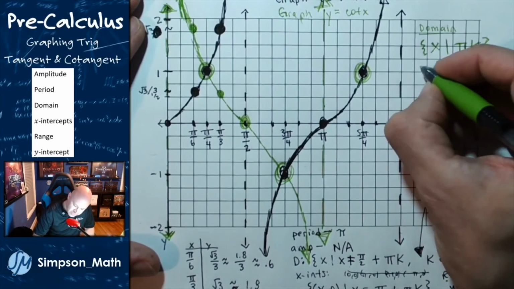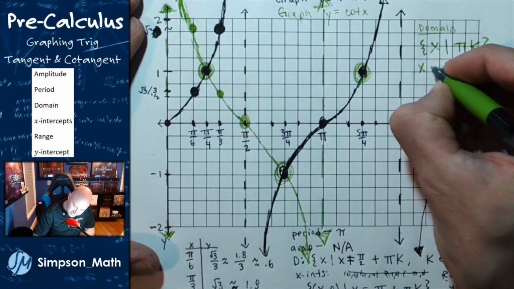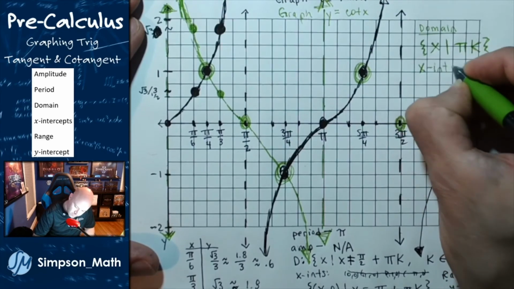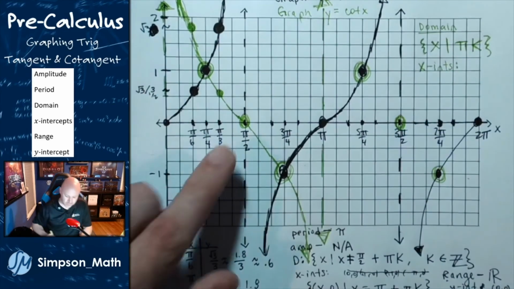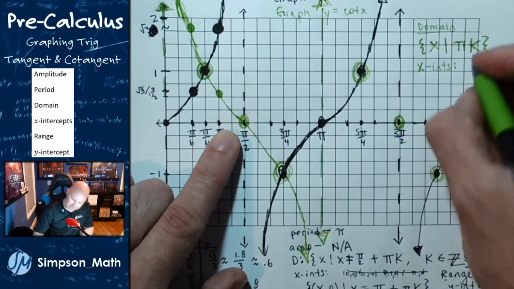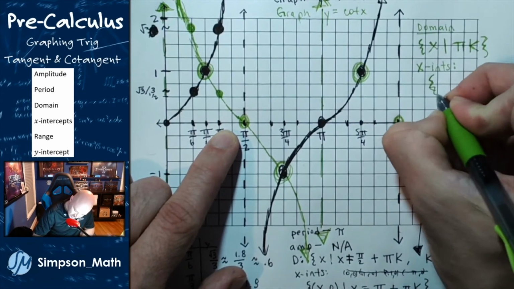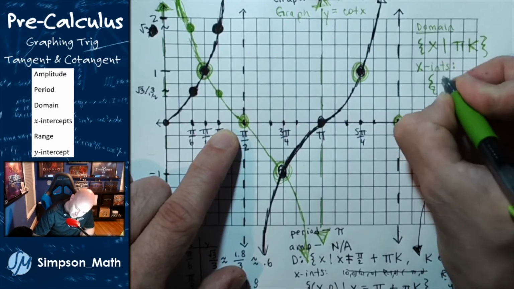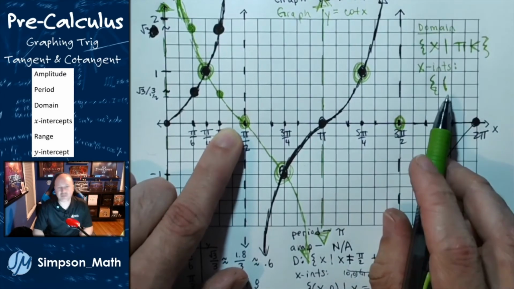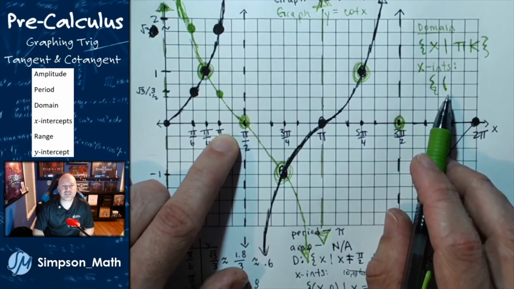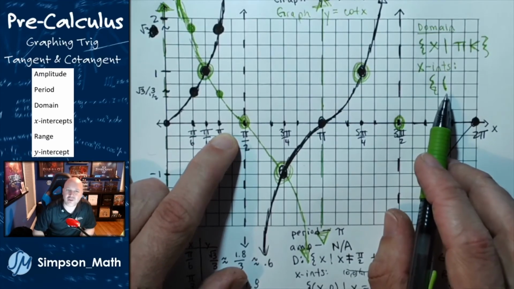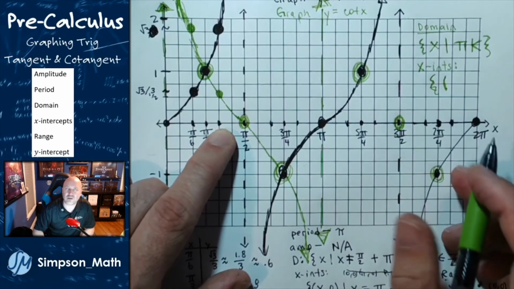Since we're talking about x values, do I have any x-intercepts? Well, I have one at pi halves, so I'm going to say the set of any... I think in some videos I was just saying the x value, which is fine. I'm going to try to do this as a coordinate though. X-intercepts really are coordinates.